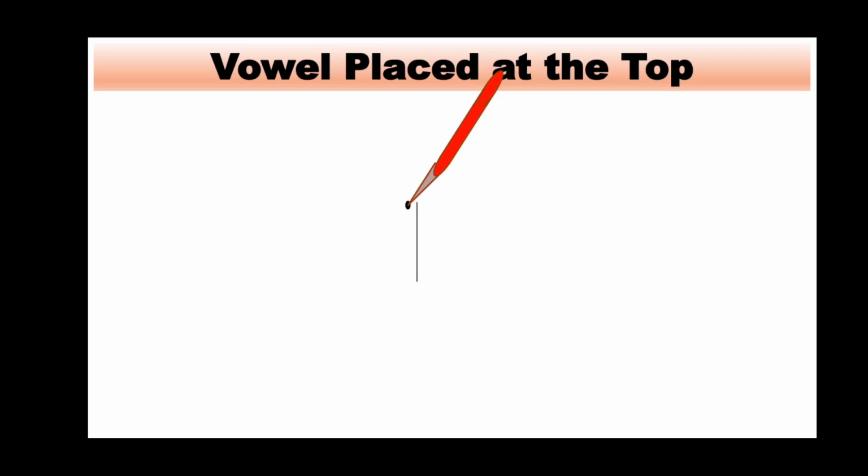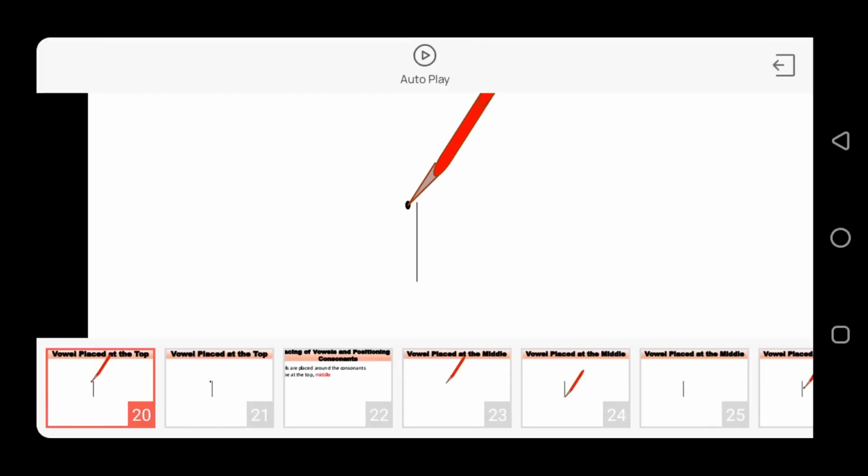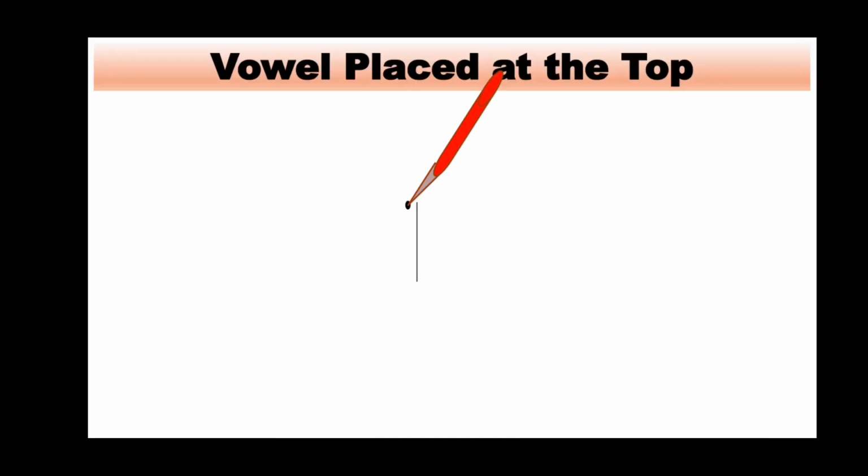When the vowel comes before the consonant, it will be before the stroke. When the vowel comes after the consonant, the dot will be after the stroke.